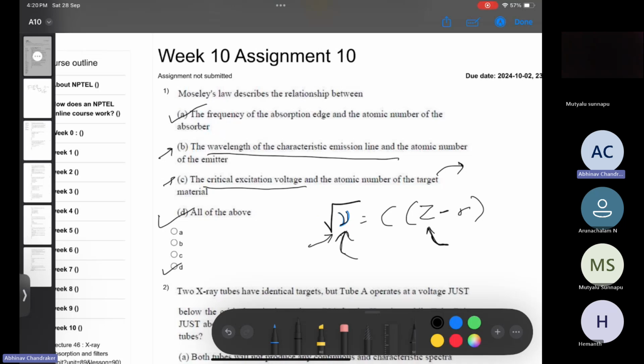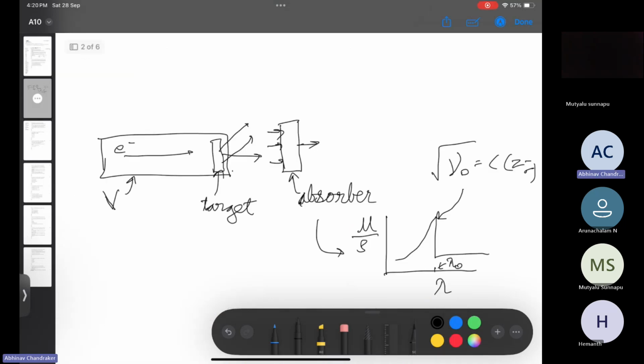the wavelength of the characteristic emission line of the emitter, so there will be some X-ray which will get transmitted, but some X-ray will also get emitted, which will have a different wavelength. So we can just show it by this.